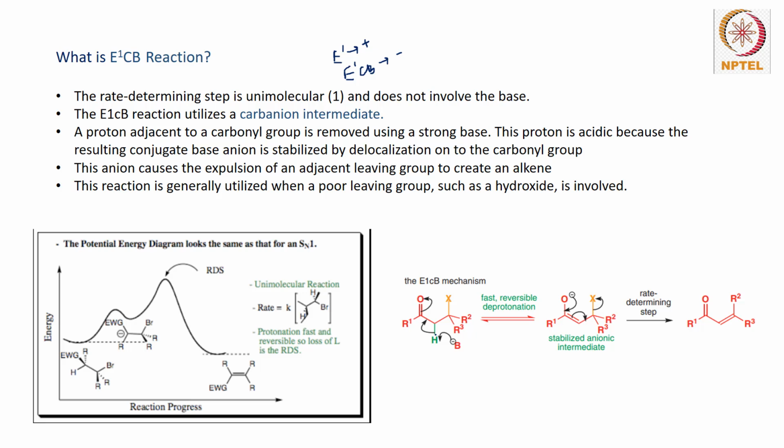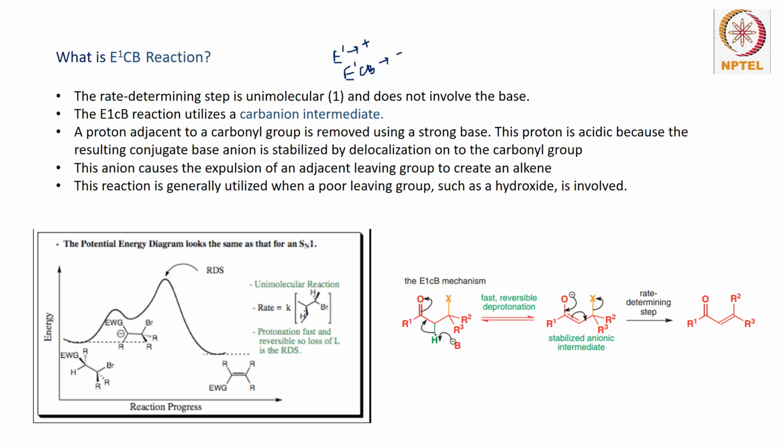You can't remove hydrogen from any carbon. Hydrogen removal from a heteroatom is easy, because after removal of the hydrogen, the heteroatom gets a negative charge, and due to its high electronegativity, it can stabilize that negative charge.